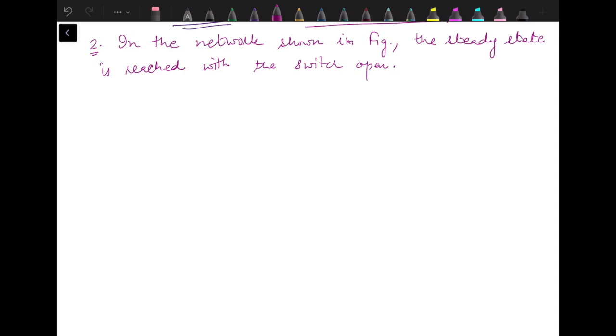At t equal to 0, the switch is closed. Find VCT for t greater than 0.